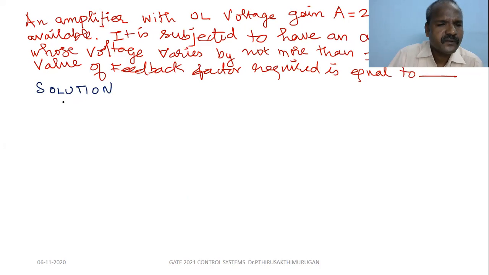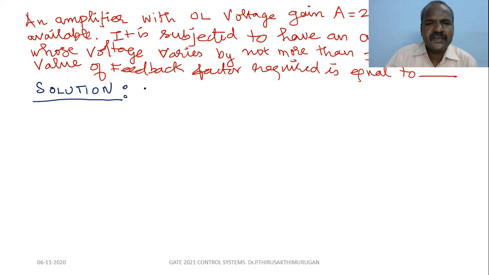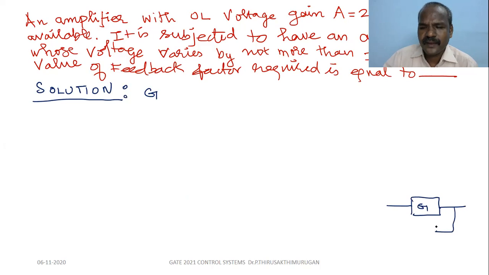Solution. First we see what parameters are given. The G, open loop gain, is given, and this is also a feedback system. So with open loop gain G, we have to find the H factor value.